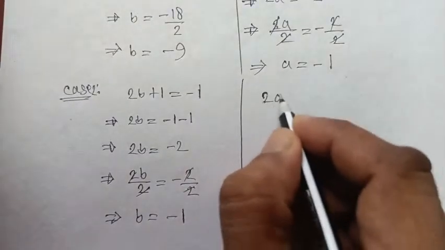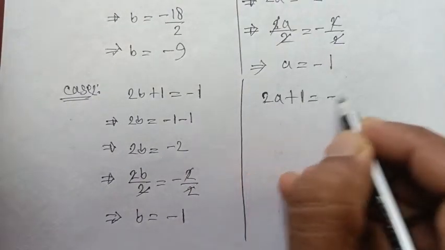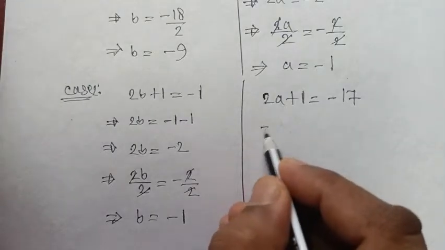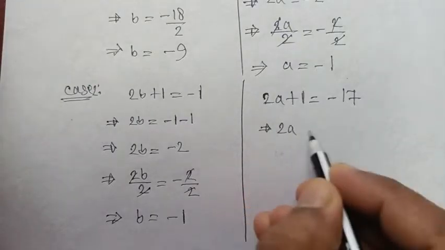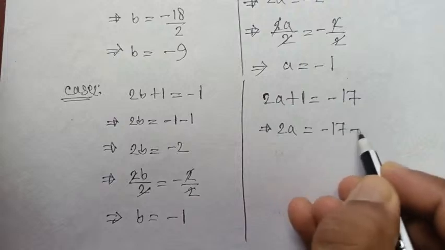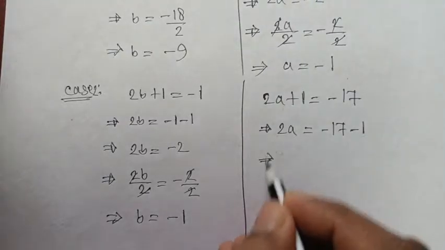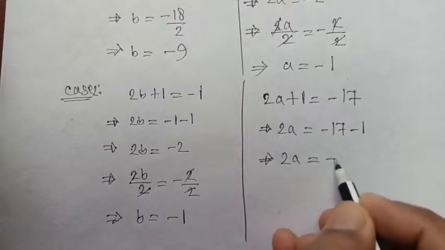Similarly, 2a plus 1 is equal to minus 17, 2a equals minus 17 minus 1, 2a equals minus 18.